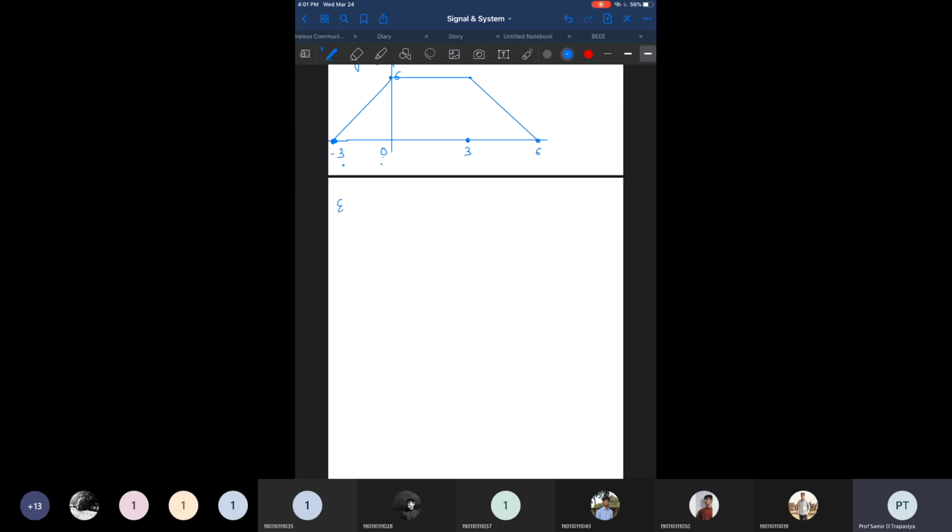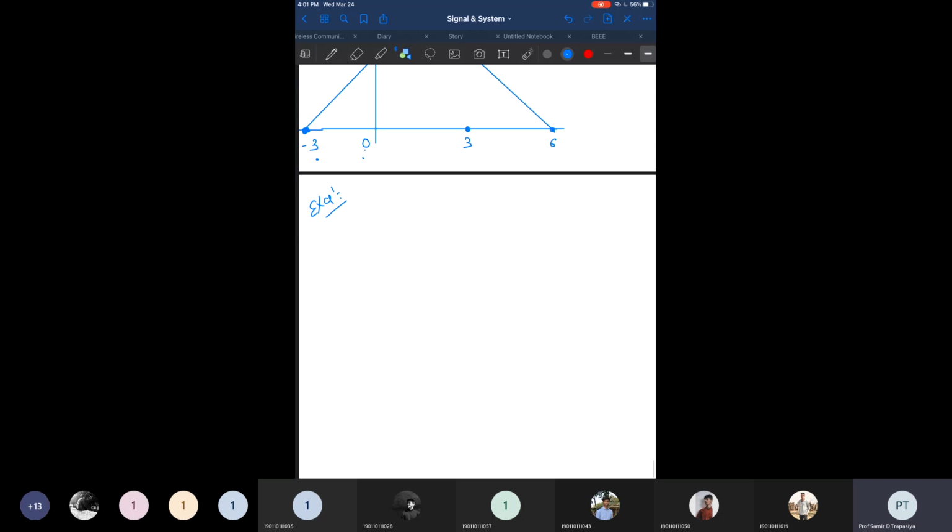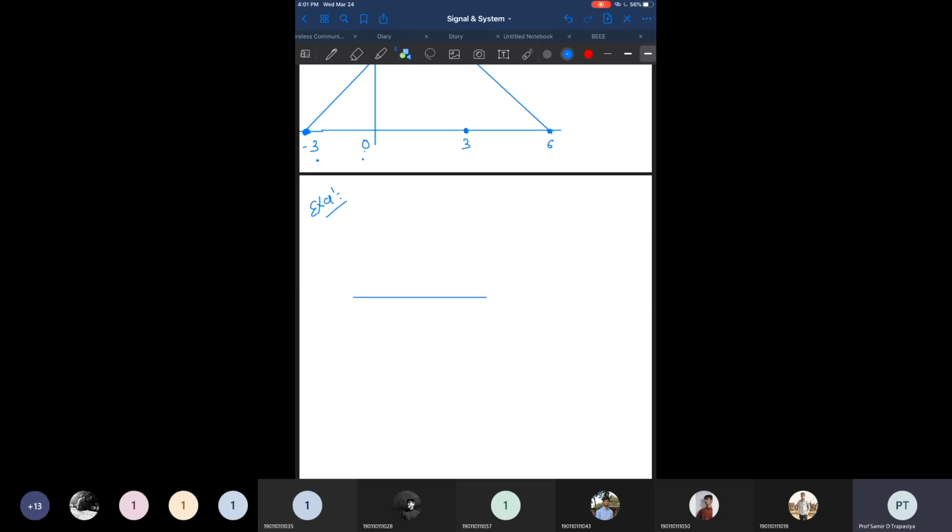In this example, there are two signals: one is a triangular signal and the other is a square wave signal. So there are two kinds of signals. This one is the triangular signal, like this.